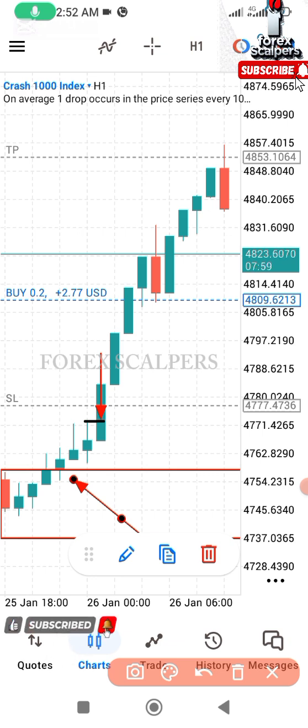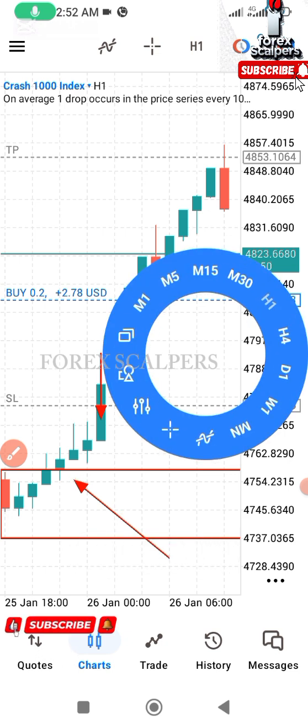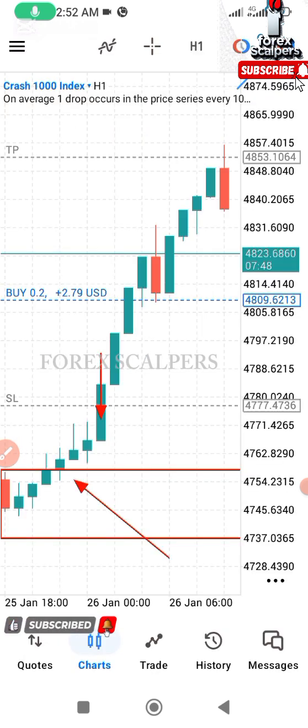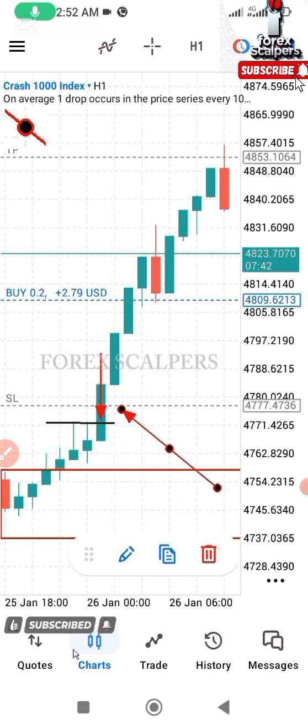Then you will also mark the low of the candle after that particular candle. So here is the high of the previous candle. Now, if we are considering this next candle here, what we will do is mark the low of that candle.